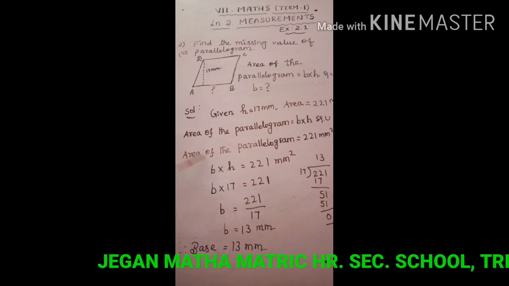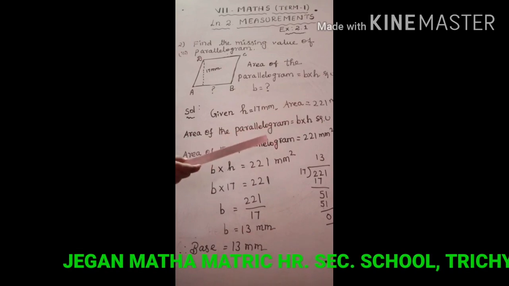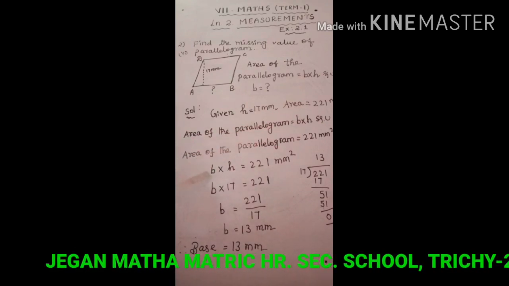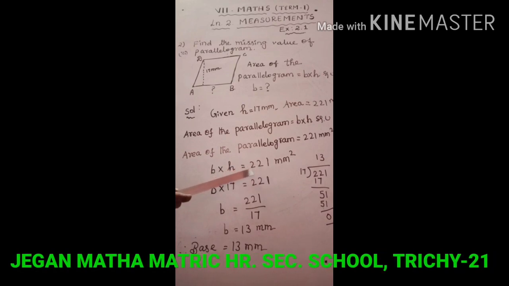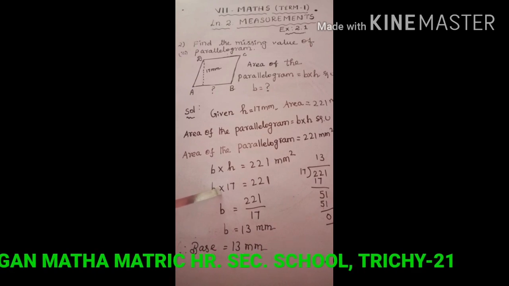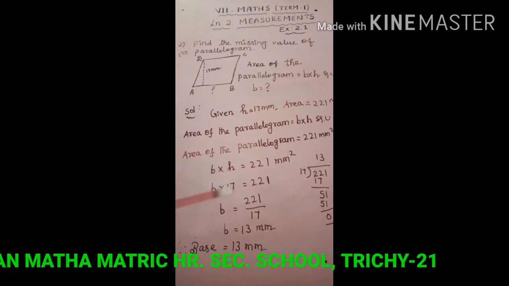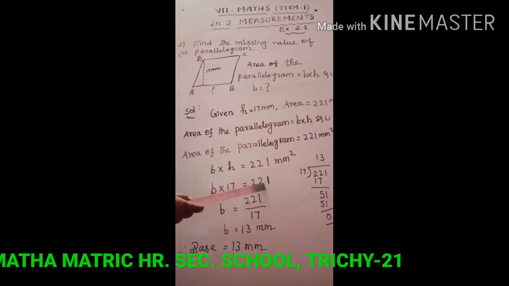Already the area of the parallelogram is given as 221 millimeter square. So base into height is equal to 221. Here base multiplied by height, substituting height as 17 millimeter, is equal to 221.